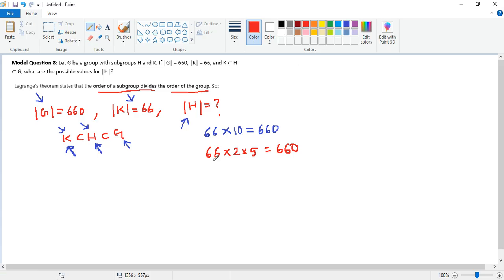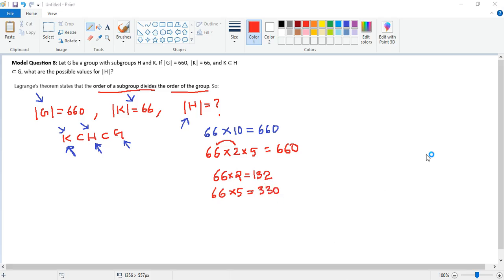But it should be a multiple of 66 also. So the only possible multiples in this case: I can have 66 times 2, which is 132, right? And then the other multiple I can find is 66 times 5, which is 330.